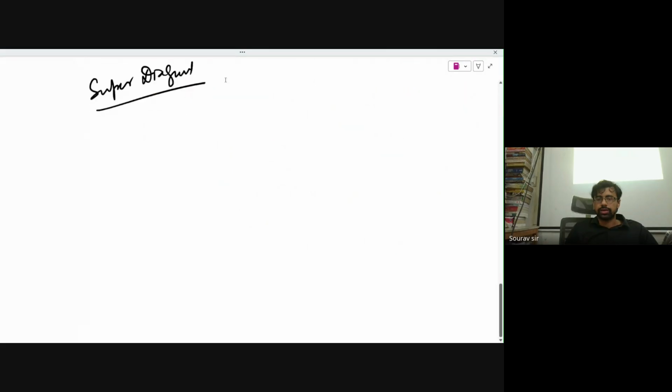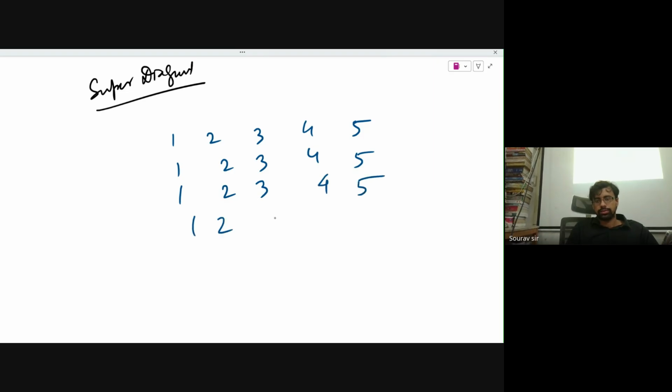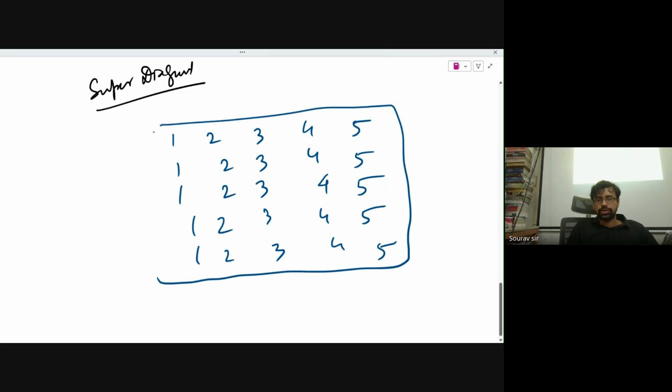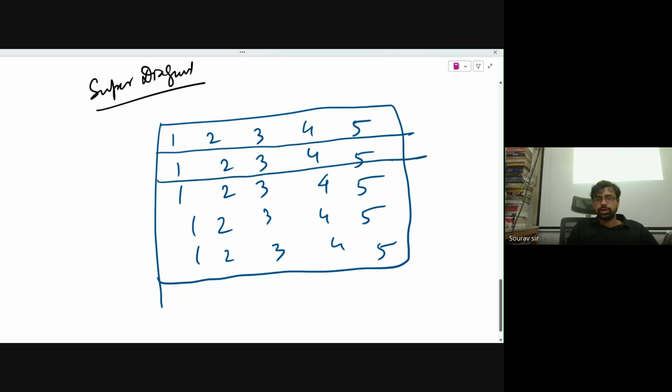See the matrix again. This is the case of a classic case. So किसी का कोई confusion नहीं होगा.